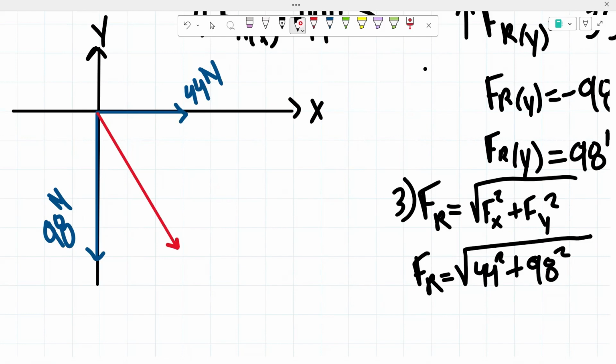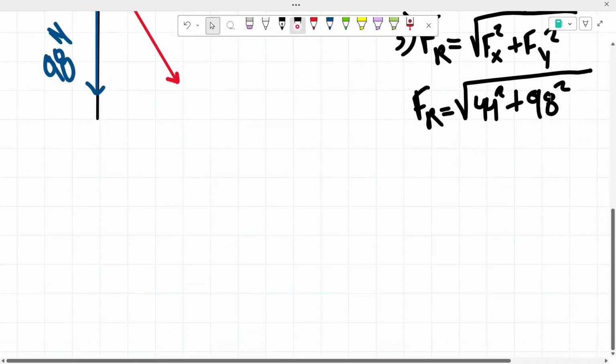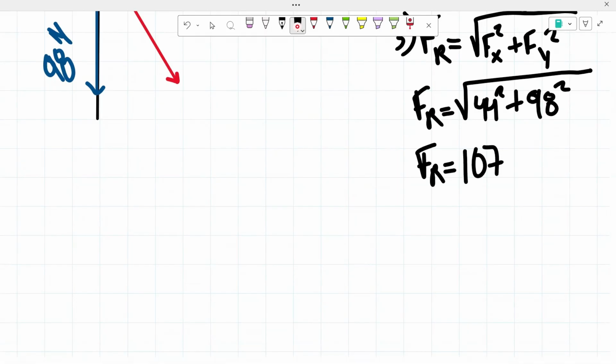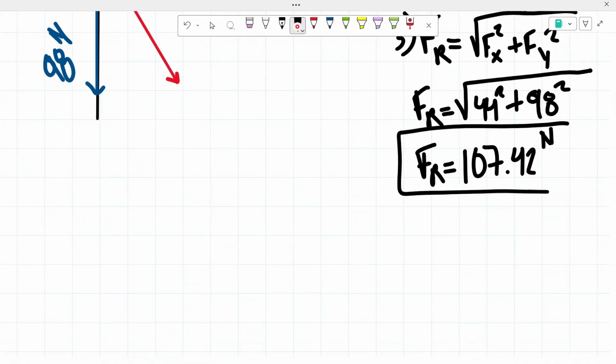We're going to plug that into our calculator, giving us that our resultant force is equal to 107.42 newtons. So that is the magnitude of our resultant force.